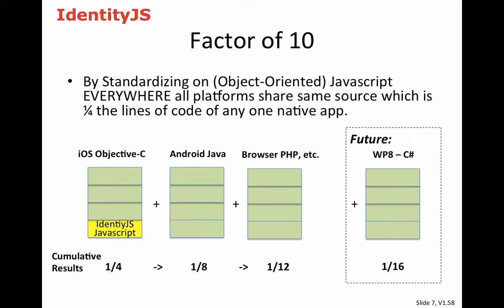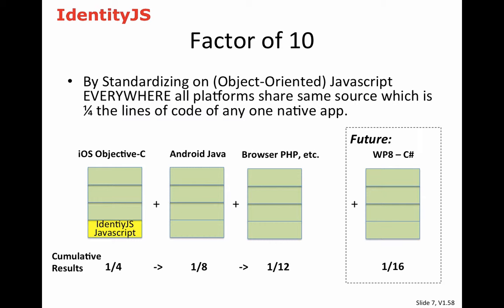And based on that information, because I have the original source code, after re-implementing that application in IdentityJS, I was able to compare lines of code for both versions. And this chart basically shows the results of that.